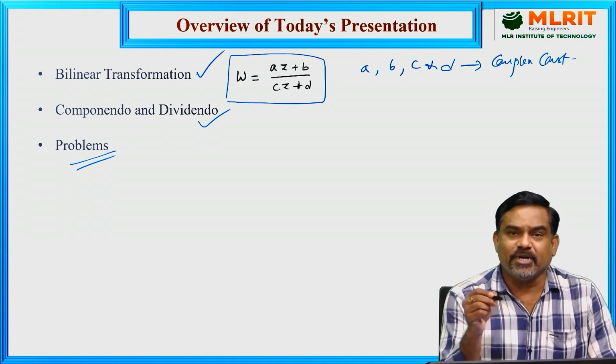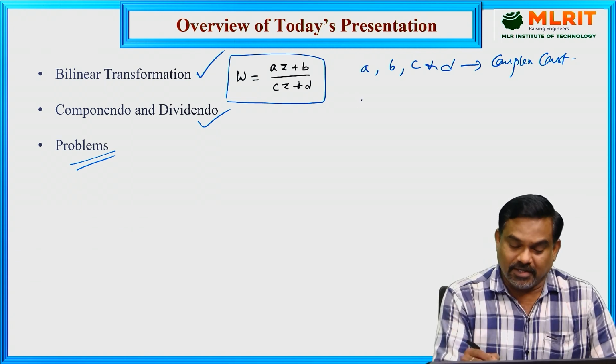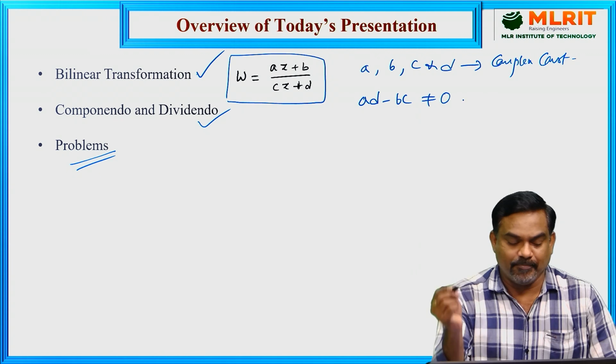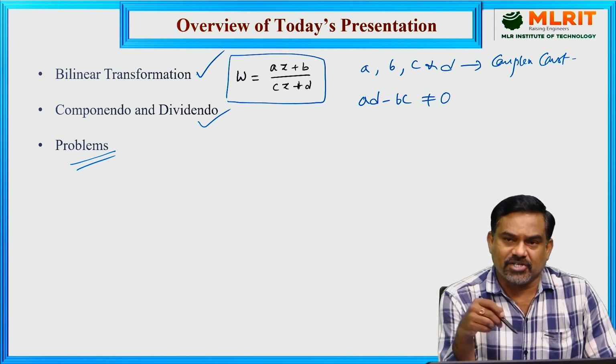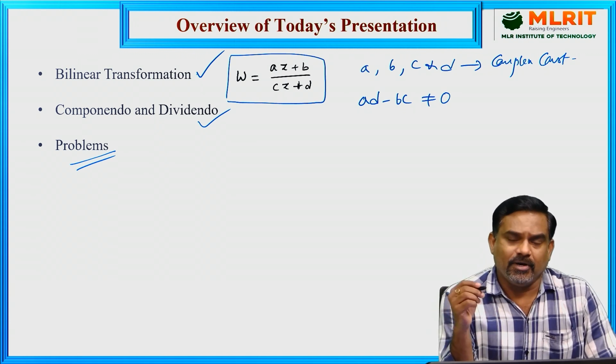This transformation is called a bilinear transformation if the condition AD minus BC is not equal to 0. And we have also discussed in the previous session that a bilinear transformation preserves the cross ratio property of 4 points.